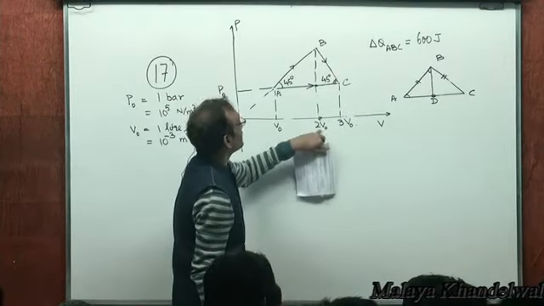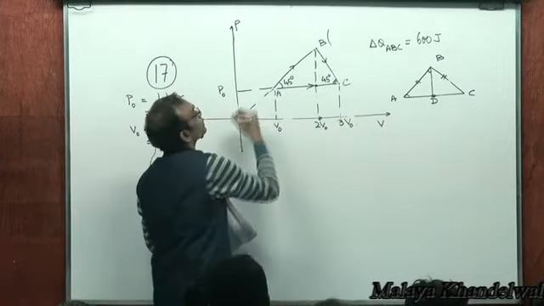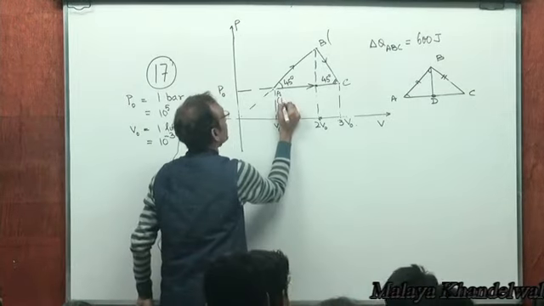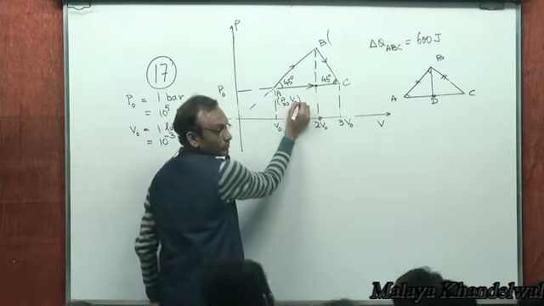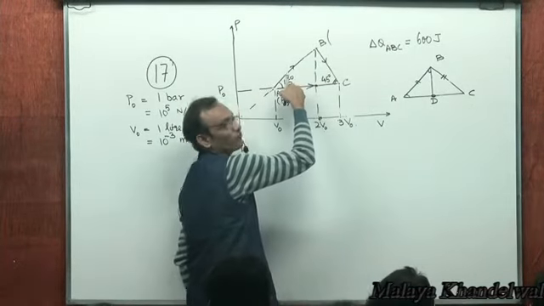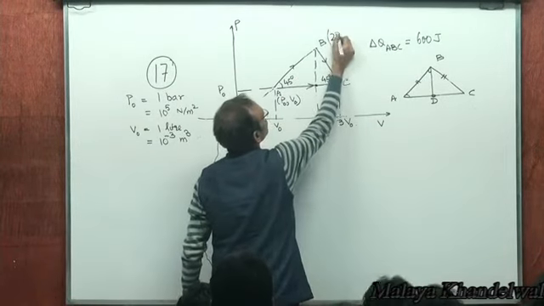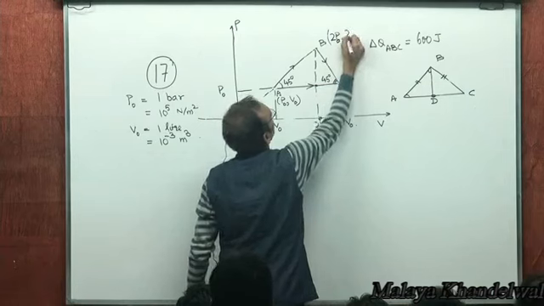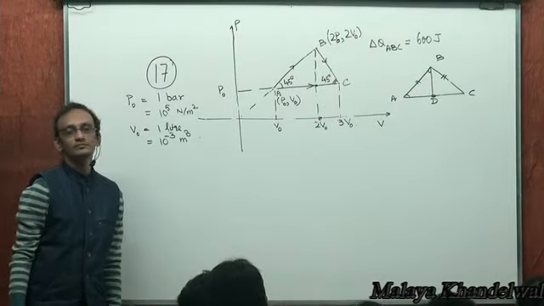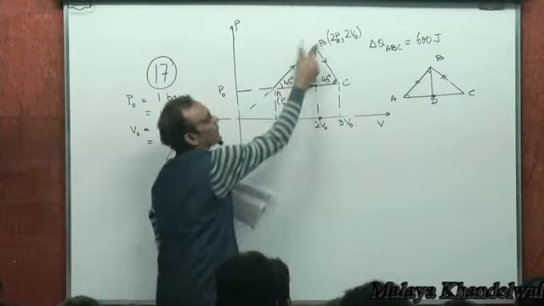Now, the volume at B is 2V0. What would be the pressure at B? See, the pressure here at A is P0, volume is V0. At B, this lies on the line y equal to x, because this is making 45 degrees. So if the volume is 2V0, the pressure is 2P0. This is a line y equal to x.